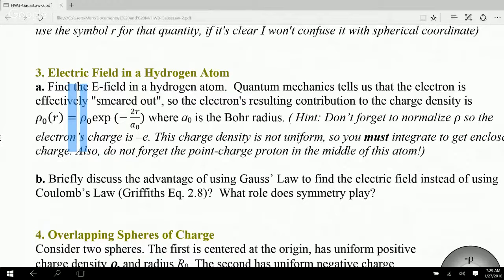Symmetry plays a big role. It allowed me to pull E outside the integral and call the integral of dA the area, and that ability to pull E from inside the integral to the outside can only work if there's some kind of symmetry in the question. In this case, we have spherical symmetry.